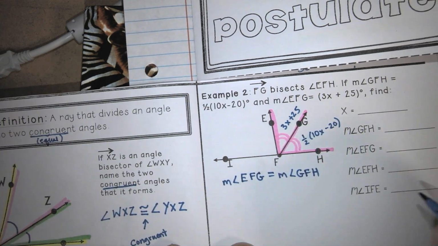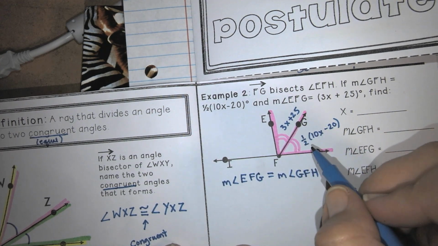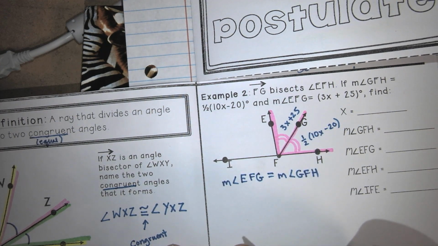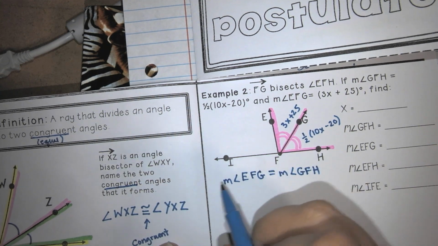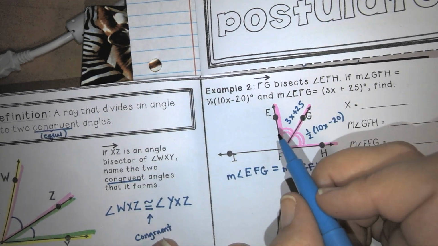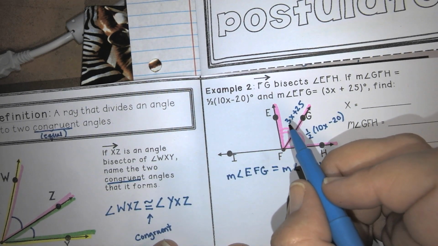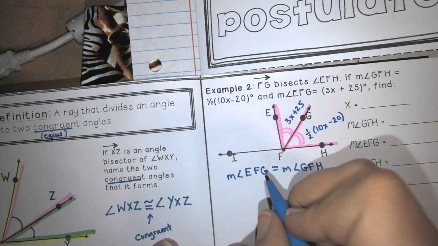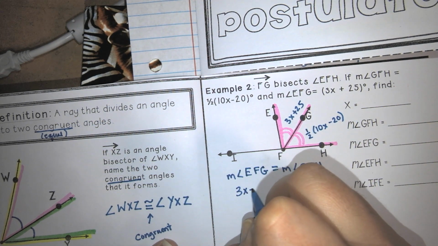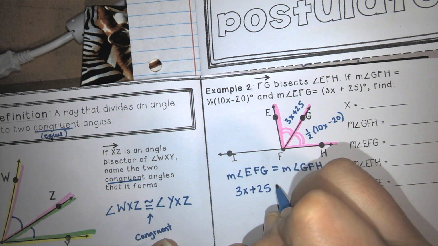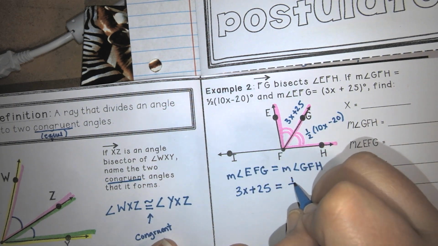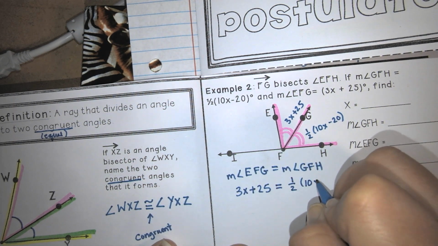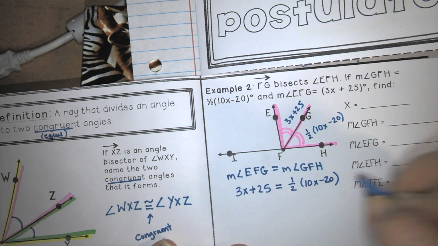So just like in segments, we have to decide, are we adding up segments or are they equal to each other? When they're equal to each other, we can write our equation like this. So if I go to fill in my algebra equation, I'm going to say 3x plus 25 goes on this side equals 1/2 times 10x minus 20 for the other side.